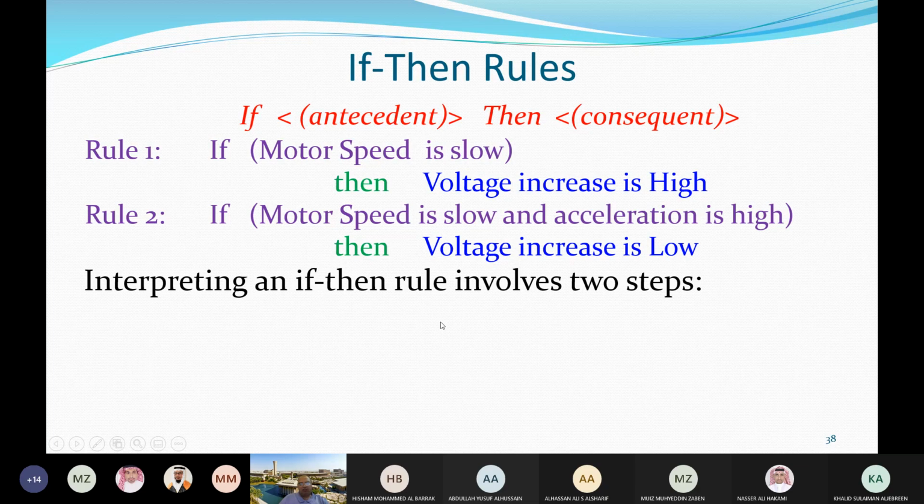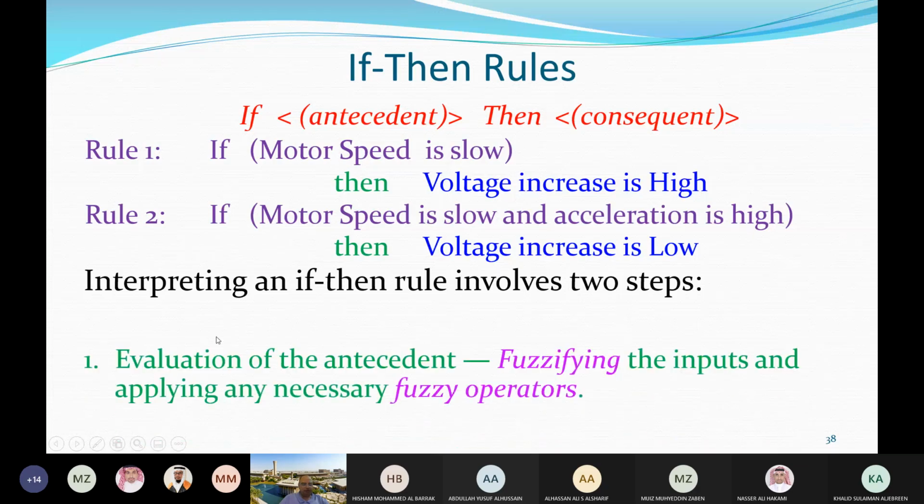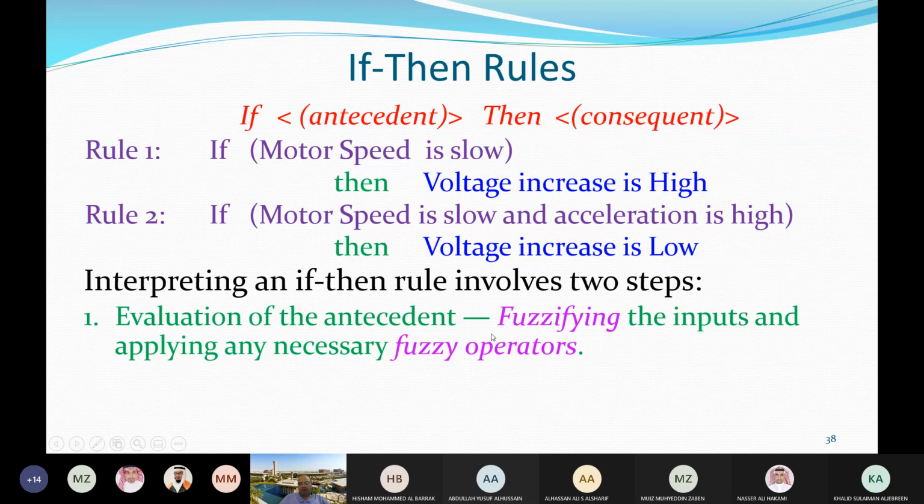Interpreting an if-then rule involves two steps. In order to execute an if-then rule, it needs two steps. First is to find the value of the antecedent, the value of this part, and then you get the value of this part. Evaluation of the antecedent. This is what we call fuzzification, as we mentioned earlier.